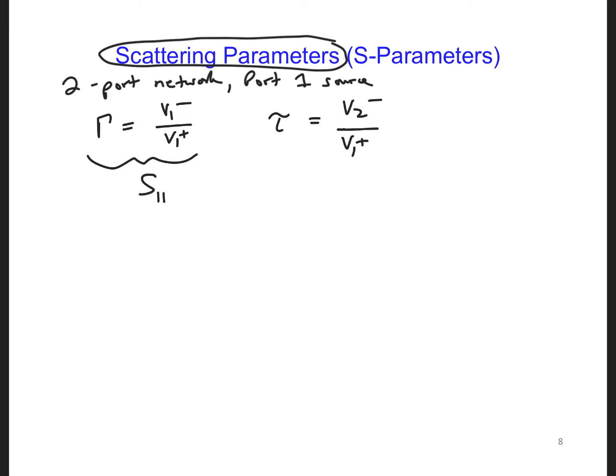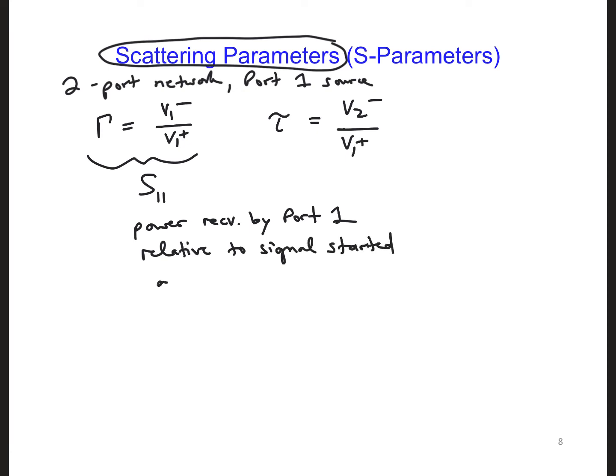What this means is that this represents the power that was received by port 1 relative to the signal that started at port 1. So that's our S11 scattering parameter, or S parameter.